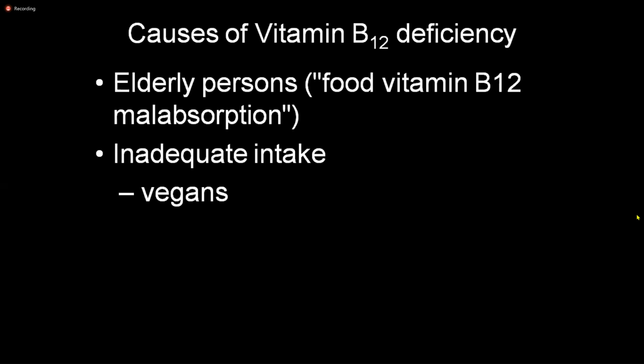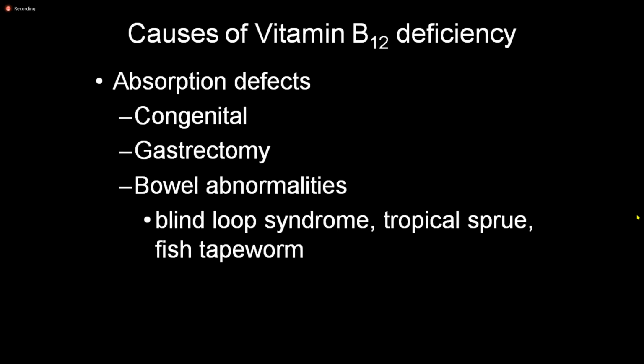Vitamin B12 absorption is reduced, and vegans are more prone to develop vitamin B12 deficiency. Absorption defects are due to congenital causes, gastrectomy, or bowel abnormalities like blind loop syndrome, tropical sprue, and fish tapeworm. Fish tapeworm is not very common in Nepal, but it is common in areas where seafood is highly consumed. So these are the causes of defects in absorption.